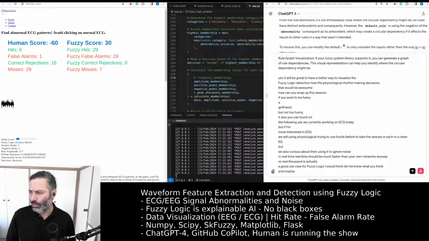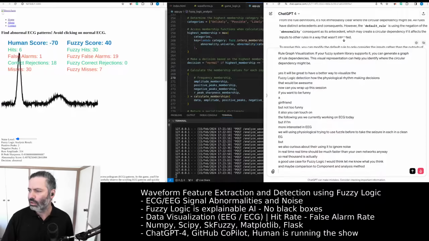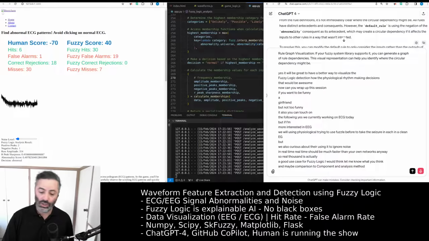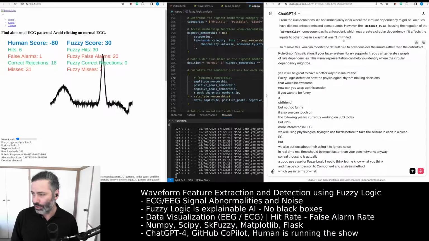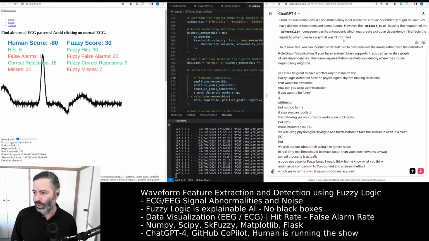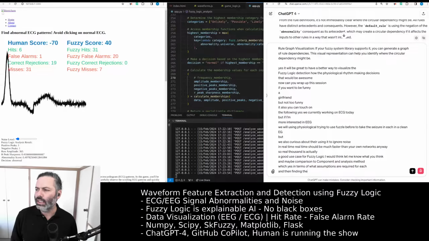And maybe a comparison to principal component analysis, in terms of what assumptions are required for each, and then finding the pattern against a specific course of action.